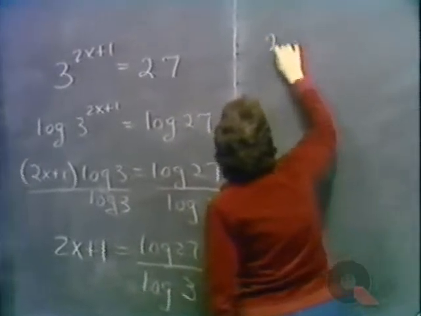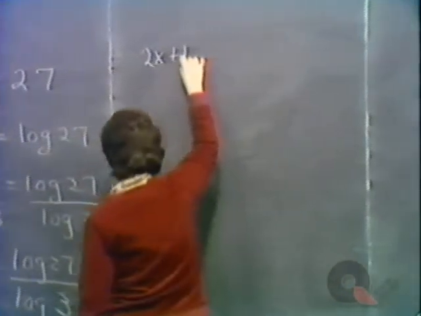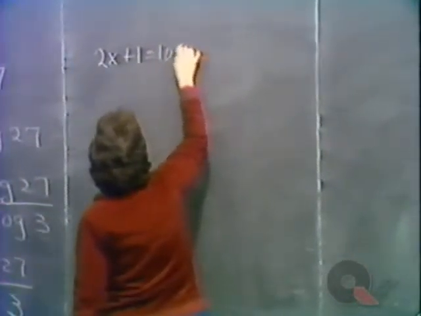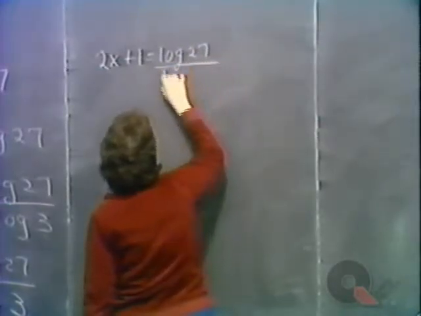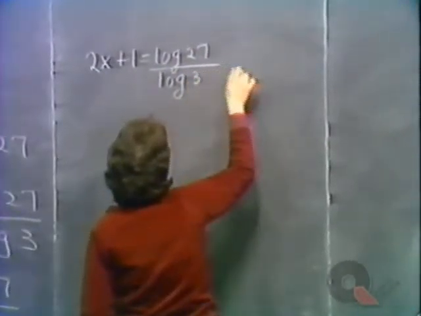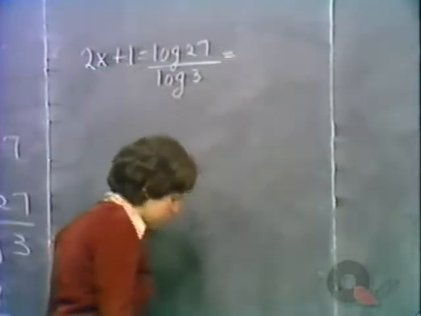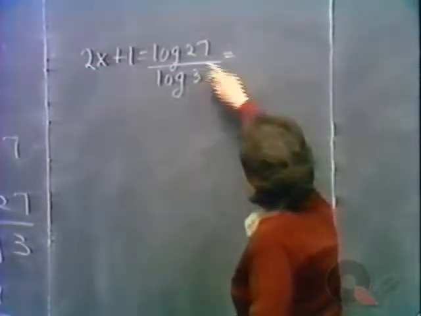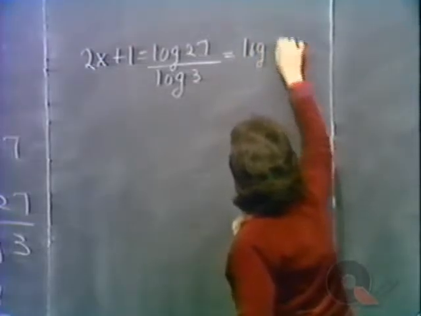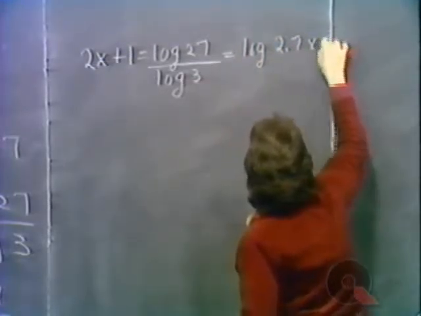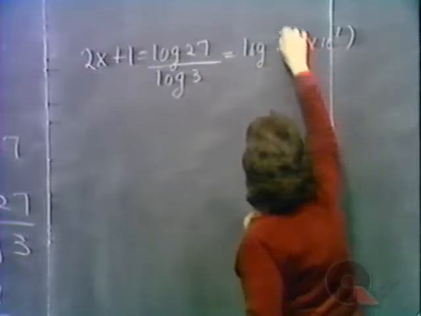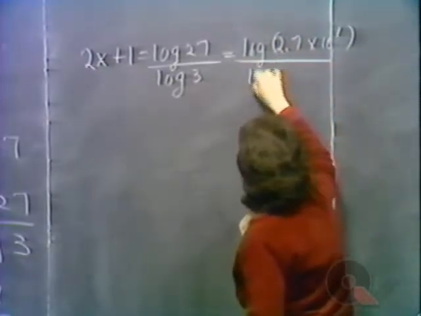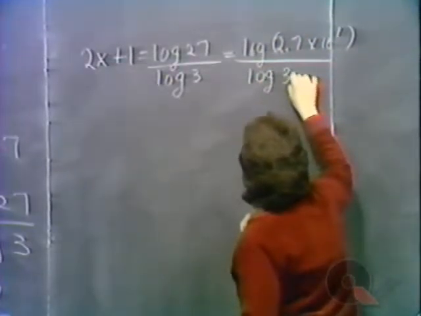Okay, let's see what we can do here. 2x plus 1 is the log of 27 divided by the log of 3. Well, going to use our tables. The log of 27, I'll write as the log of 2.7 times 10 to the first power. And the log of 3 is just the log of 3.0.